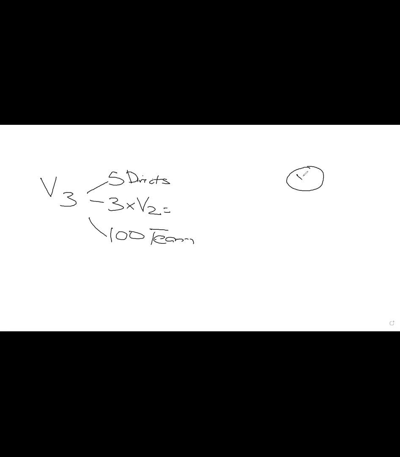Okay, so there's just one thing that I want to explain quickly with the ranking up. Let's just say I've got my 5 directs. The company says, I don't care where these V2s come from. They don't necessarily have to be your directs. However, they have to come from different lines.